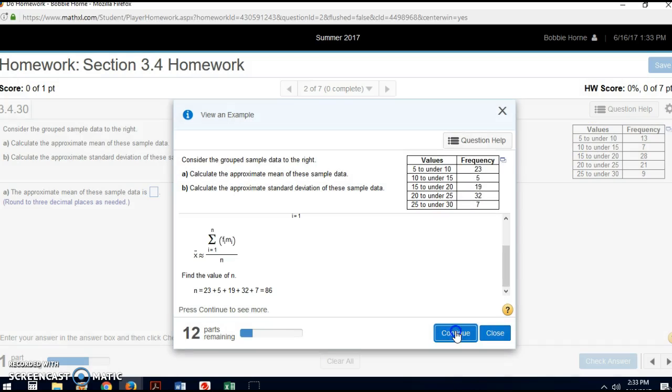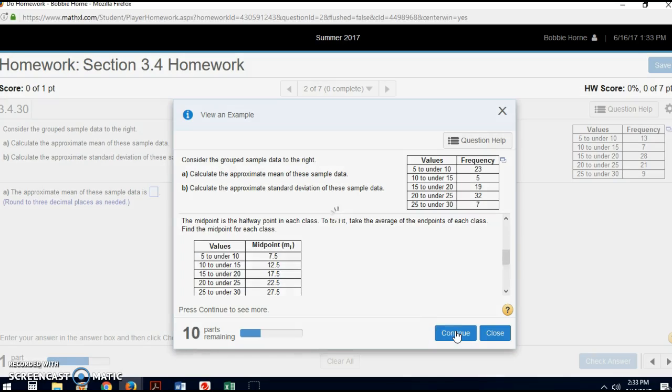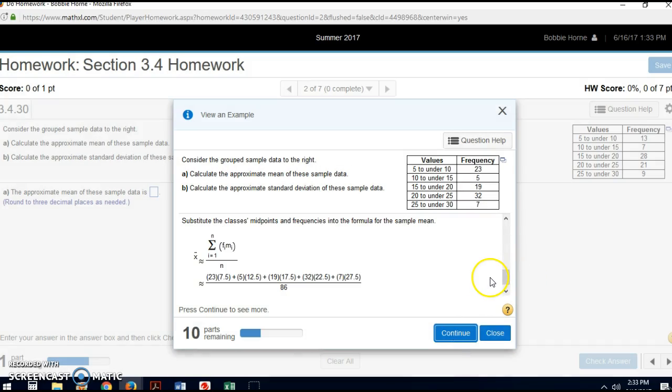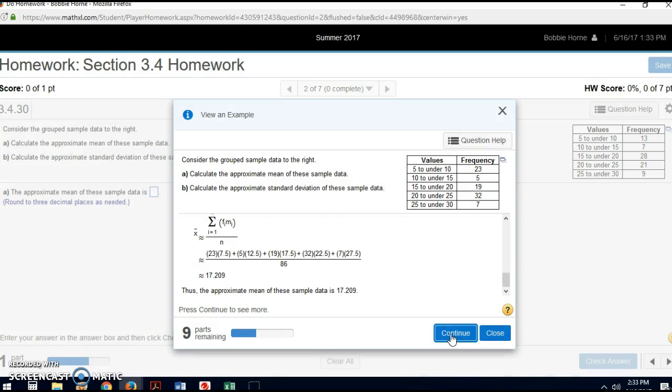A lot of times on your homework, it's not really about knowing how to calculate it. Well, yes, you need to know how to calculate the answers, but a lot of times you have to make sure you're putting it in the format that the homework wants you to have it in, and you could be off 1 decimal place and it will mark it completely wrong. So that can be frustrating.